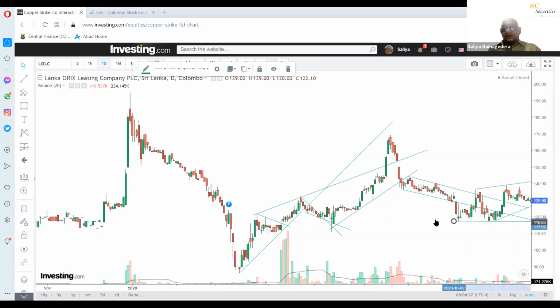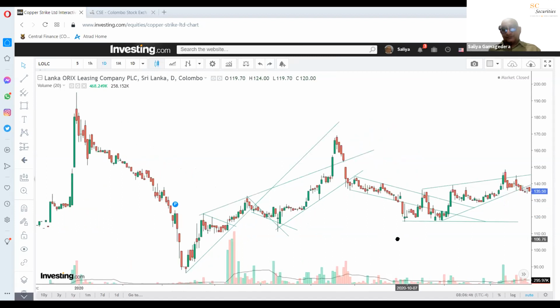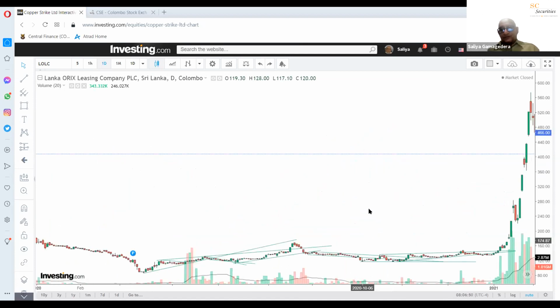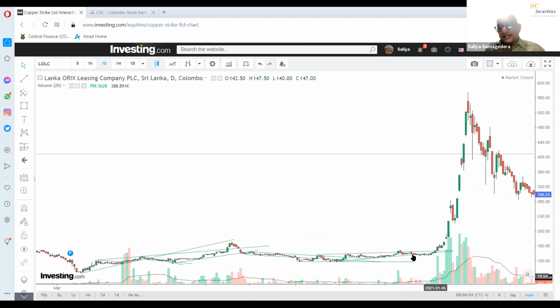So it is very important for you to study how the volumes are behaving when there are breakouts, right? Like over here, when this very important breakout took place, you can see how the volumes behave.